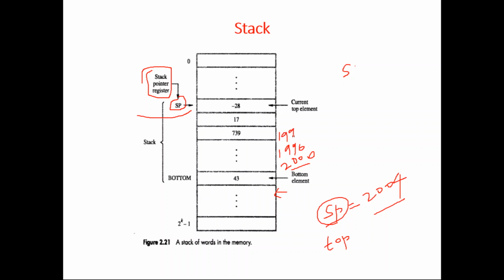When the stack is empty, SP is pointing to 2004, and now if you want to push, that should come to 2000. So before pushing, we have to perform subtraction. Subtract 4, because each word occupies 4 bytes, and then push.